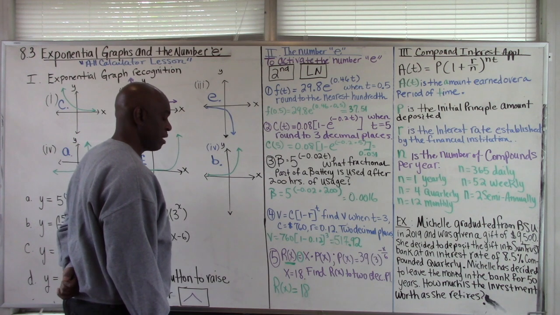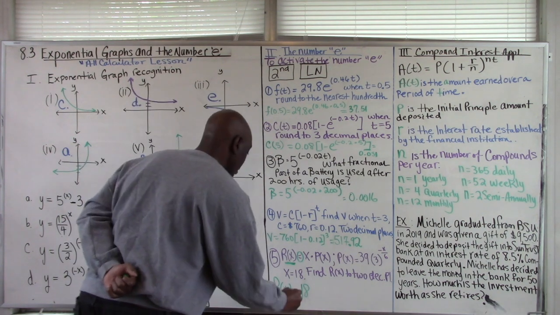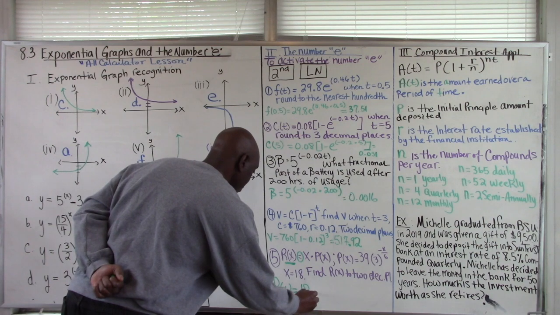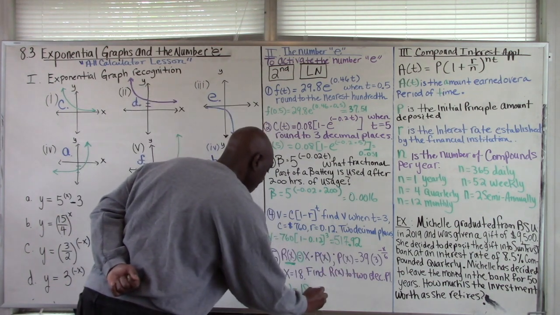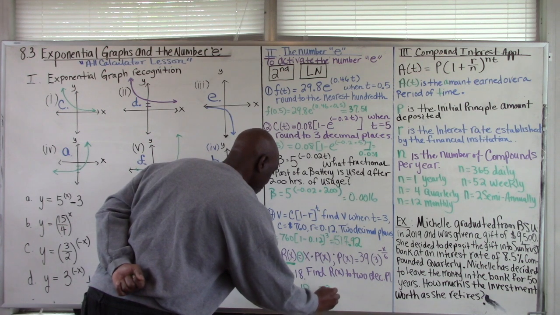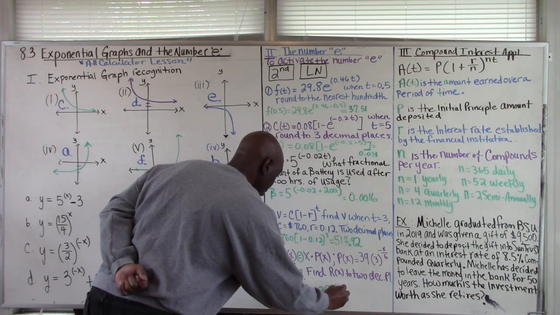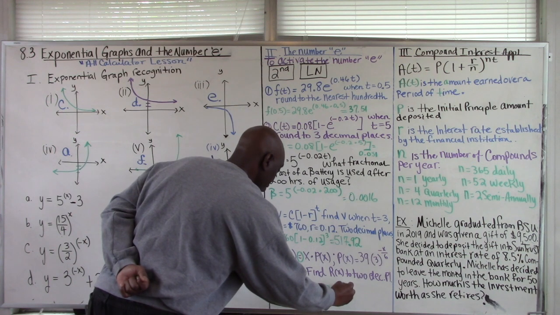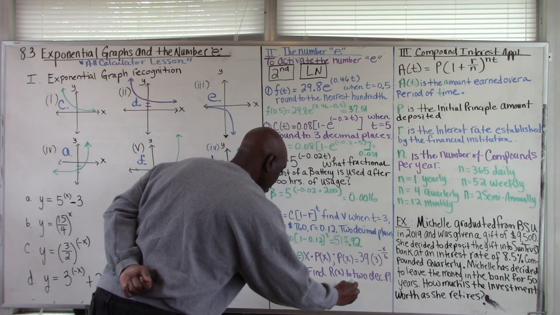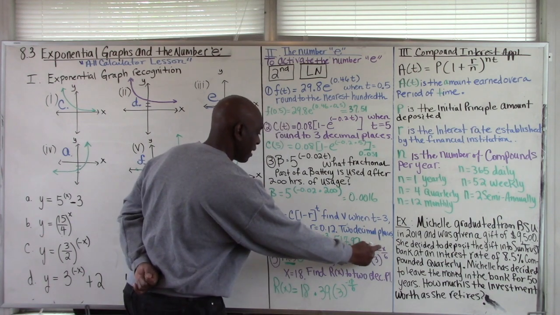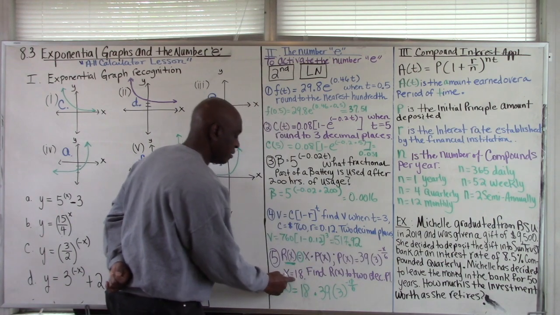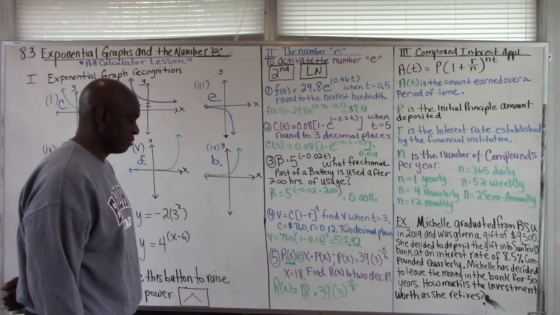Right? And it's 18 times what? 39 times 3 to the power of negative 18 over 6, because x is 18. No problem.